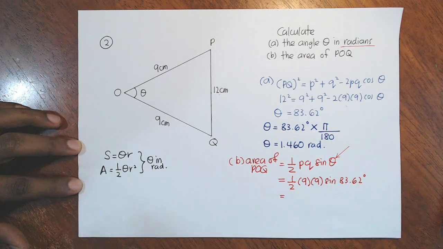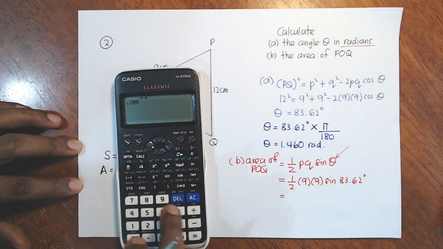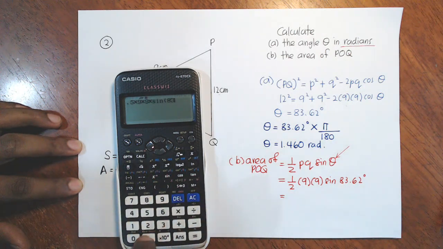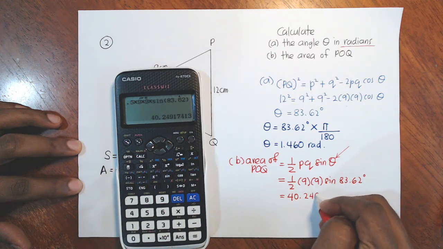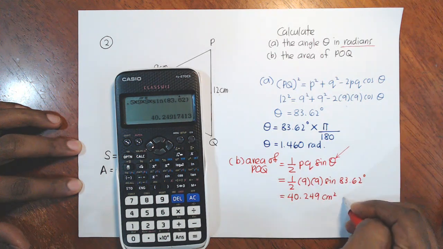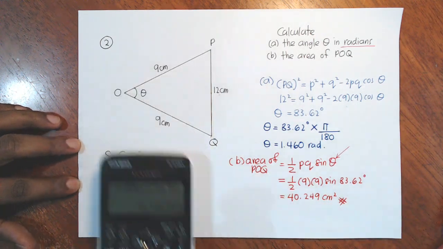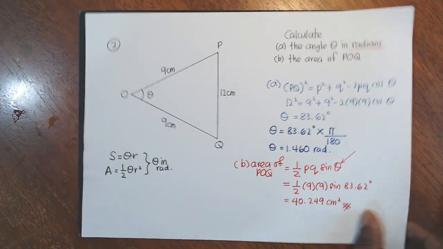So that will be 0.5 times 9 times 9 times sine 83.62, and you get 40.249 centimeter square. Yep. If you know all this, the chapter will be so much easier. Let's look at another example.